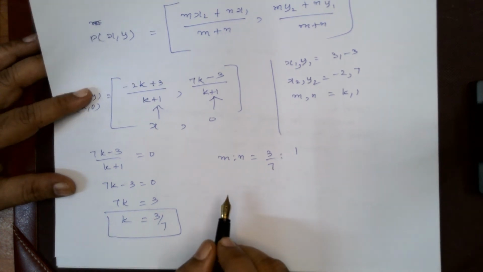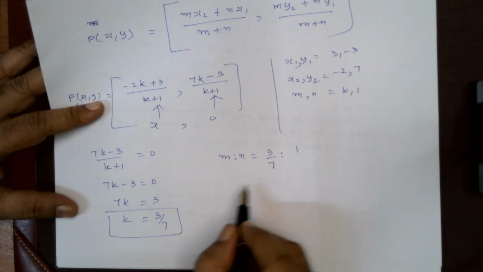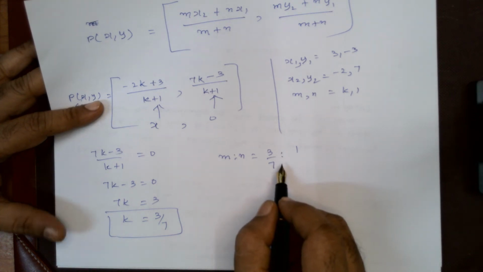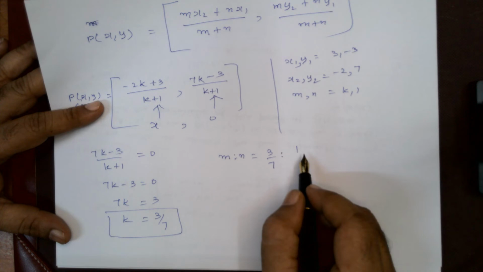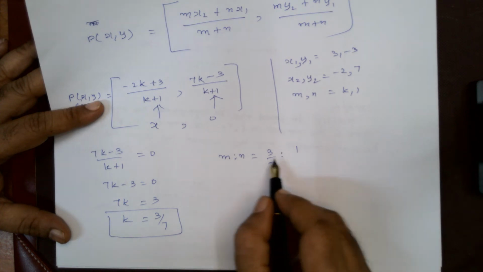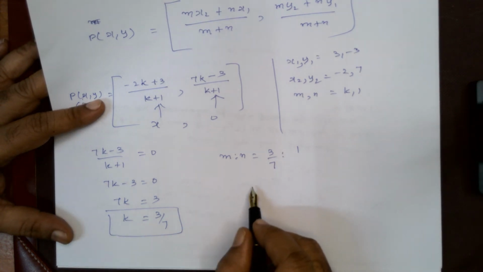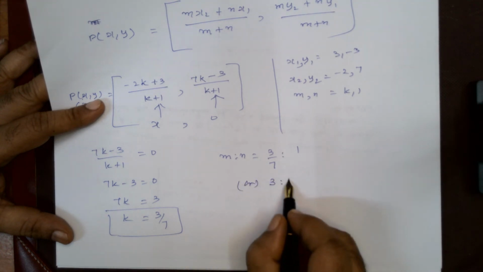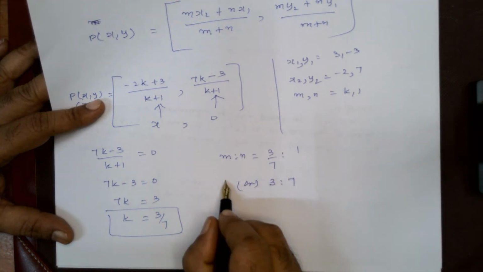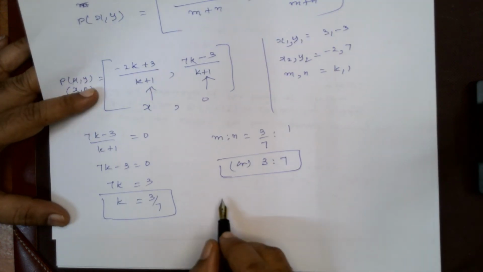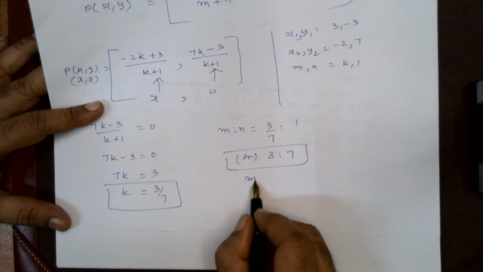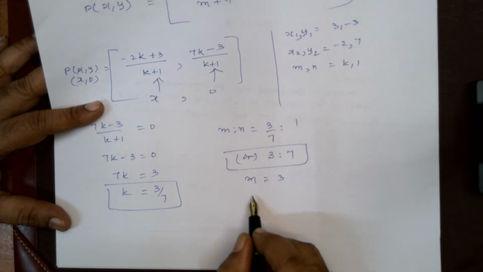Got it? 3 by 7 is to 1. Or you can multiply the ratio by 7, so that it becomes 3 is to 7. So you can write as 3 is to 7 also, as a whole number fraction. So the ratio is what? 3 is to 7. That is m is equal to 3, n is equal to 7.